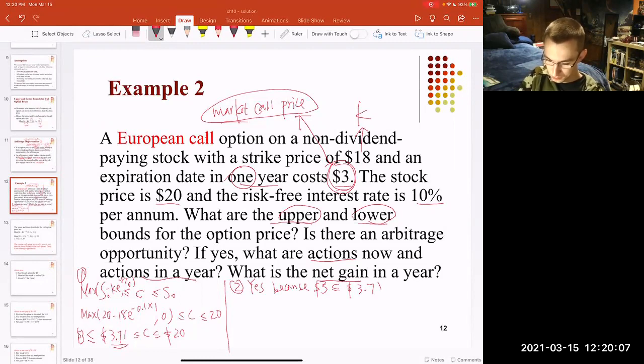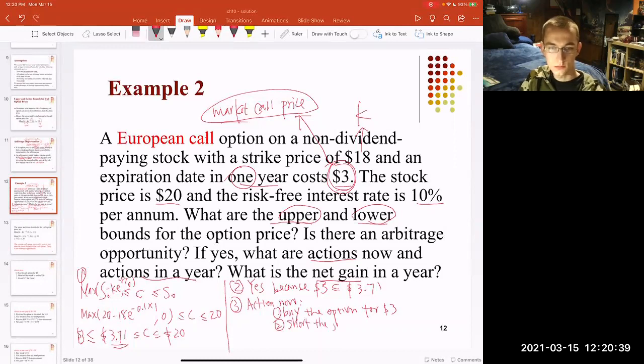Okay, if it's yes, then what's the action? The action today, action now, we're gonna buy low, sell high, right? So buy low, which is buy the option. You need to pay $3 for the option price, which is the market price, and short the stock to get $20. You sell the stock and you can invest.